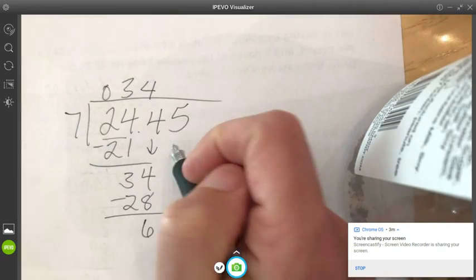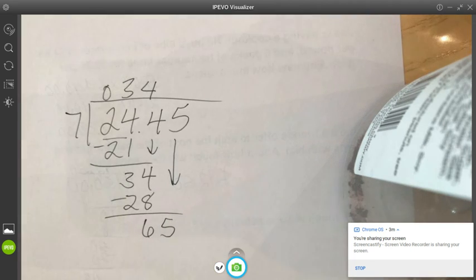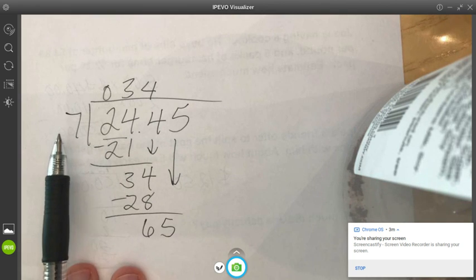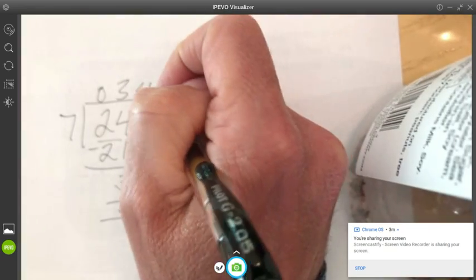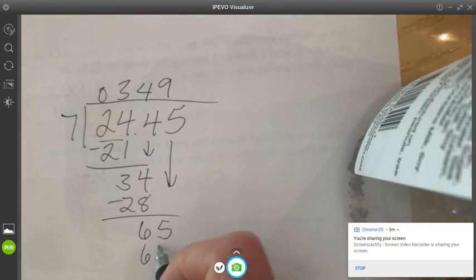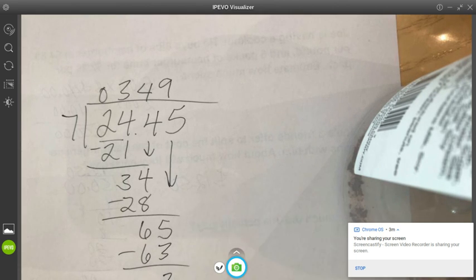Okay, one number left to bring down, my 5. 7 into 65. Again, if you know your multiplication facts, which comes in very handy, if you don't know them, you really need to be practicing them during this extra time. I know 7 times 9 is 63, and that's going to get me as close as I can get. Okay, 7 times 9, 63, subtract, 2 left.